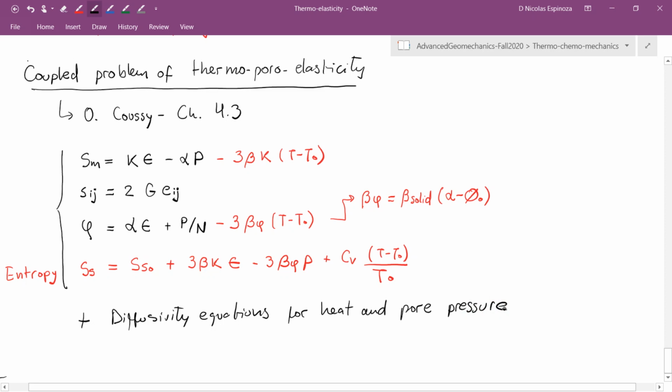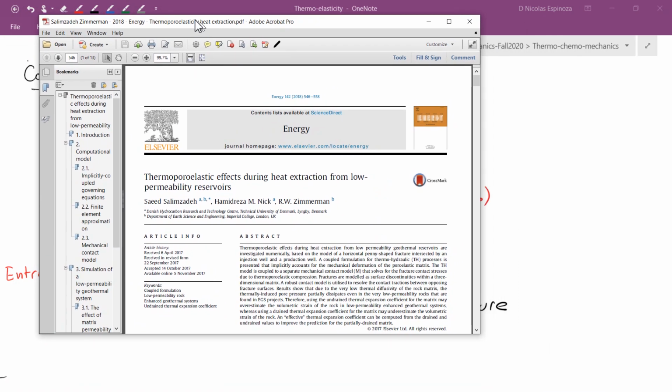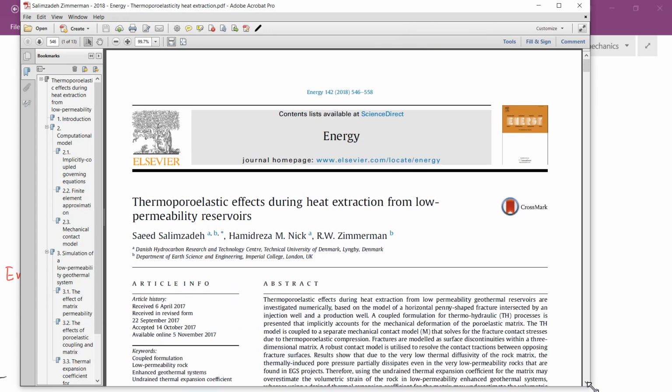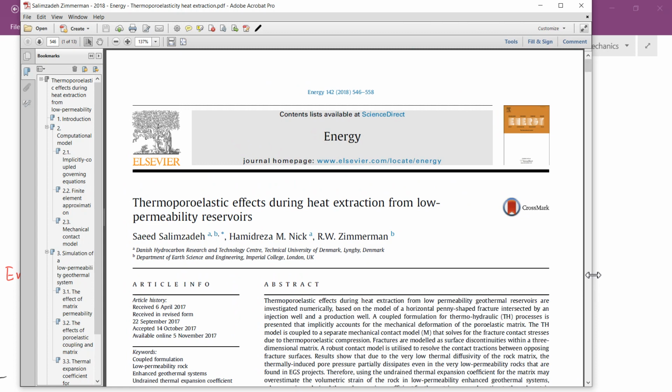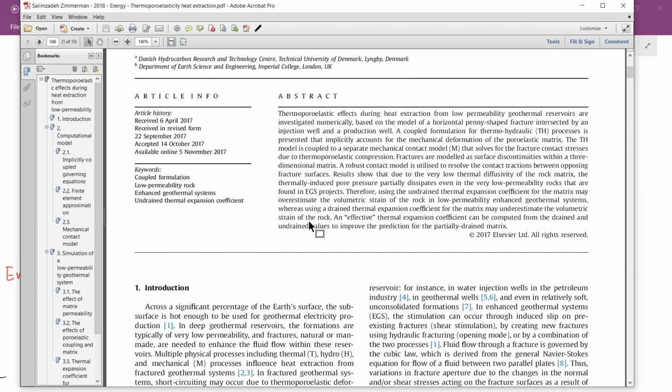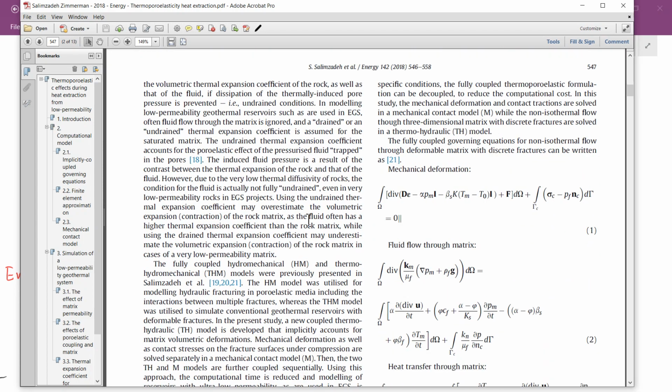So if you want to see the solution for that, we're not going to cover that in this class, but you can find the solution in Olivier Coussy's book in chapter number 4, or also I recommend a recent paper from Professor Zimmerman and his collaborators, which deals with this problem, and these are the same equations but slightly different. And in this paper you're going to see all the equations that you need to solve that problem.